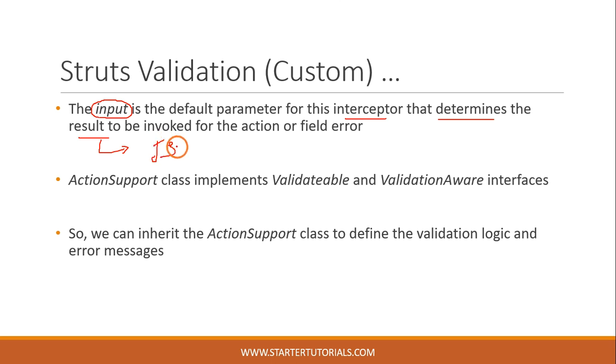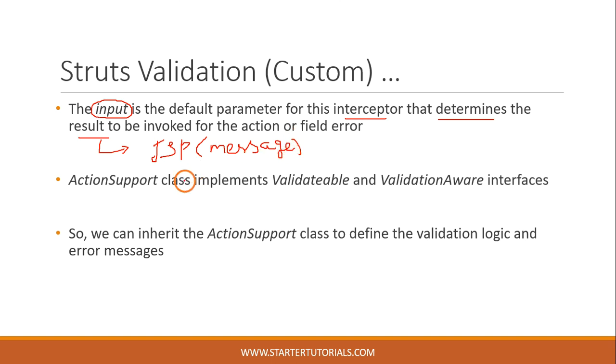Based on the result of the validation, which JSP page should be displayed is determined by the input parameter. This might be a JSP page, or it might be simply a message. When I demonstrate the application, it will be clear what this is.